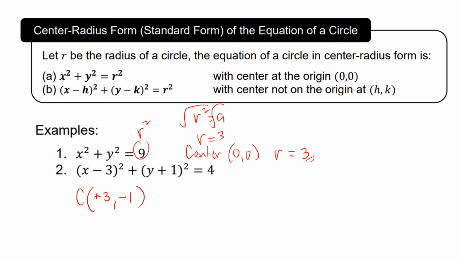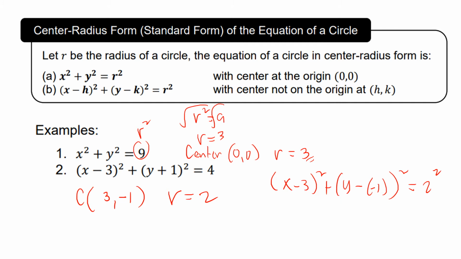So this is +3 and -1. And the radius here is +2. Now the question is, how did you get -1? If you notice, this can be rewritten in the form x minus 3 squared plus y minus -1 squared equals 2 squared.